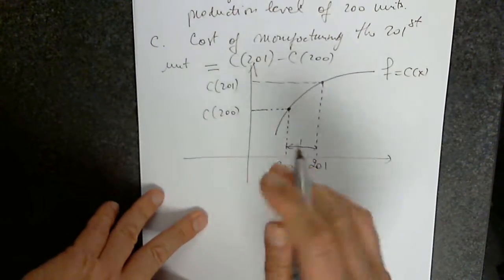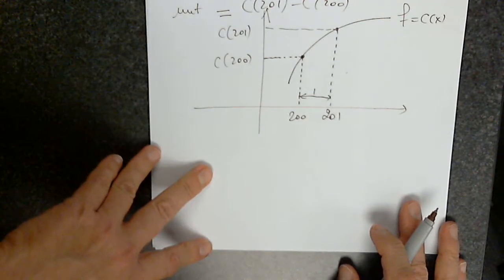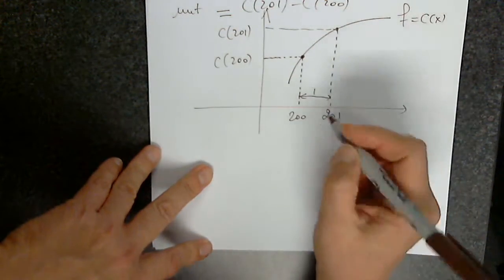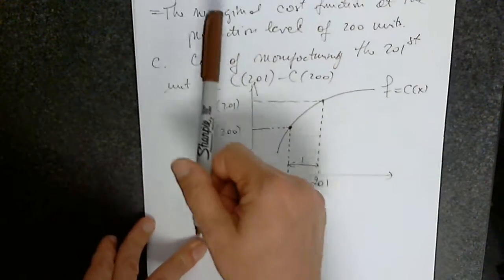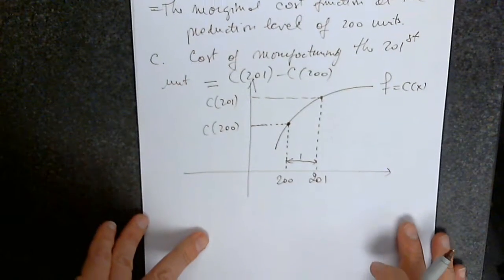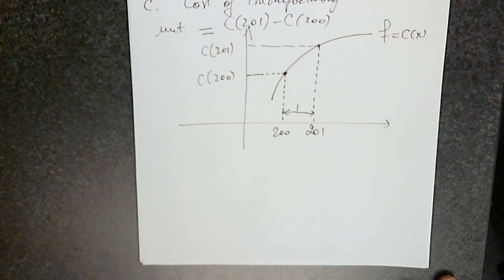Before we determine these, what does C prime of 200 represent? The price? Right, but here on this graph, how will I present C prime of 200? What does that mean? The rate of change of C when we produce 200.